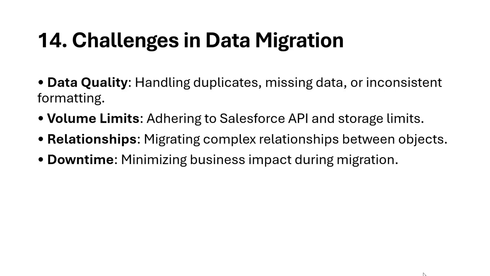If we are using abbreviation, it should be abbreviation everywhere. If we are using full name, it should be full name. Whatever formatting we are using as per the business requirement has to be consistent in each and every record, right? Then volume limits, adhering to Salesforce API and storage limits; relationships, migrating complex relationships between objects; and downtime, minimizing business impact during migration.